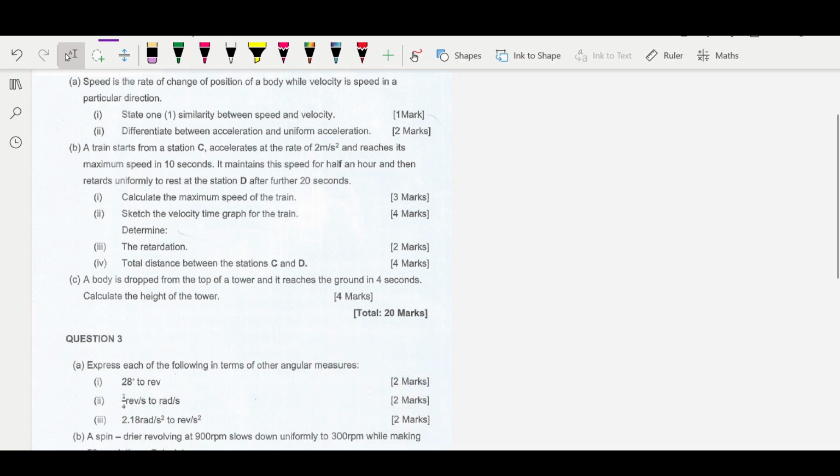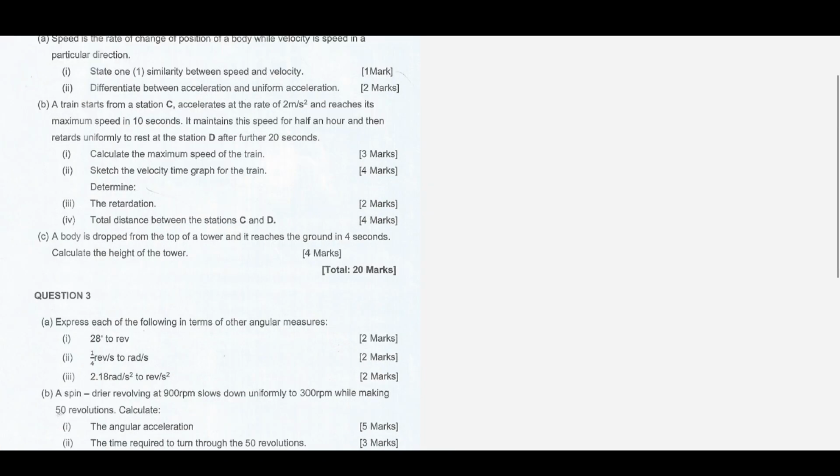So here we have a tower that has got a height, then we have a body that is dropped, so it is moving in that direction, and it reaches the ground in time 4 seconds. So they're asking us to find the height of the tower.